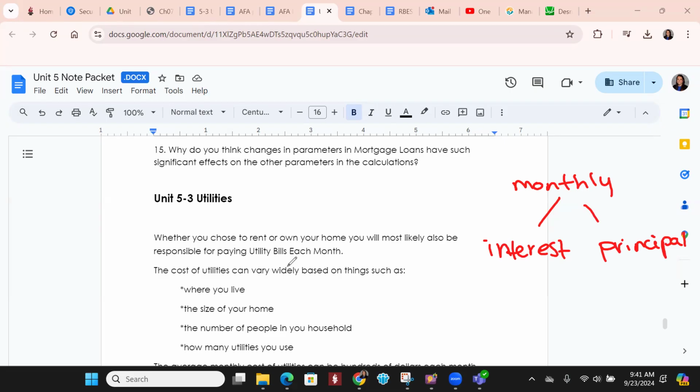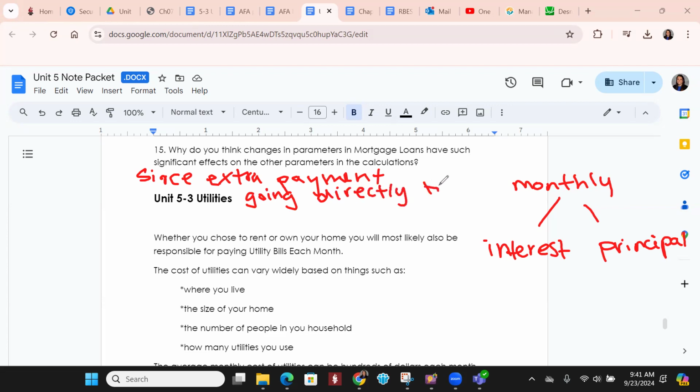Since we have the extra payment going directly to the principal, it reduces the interest.